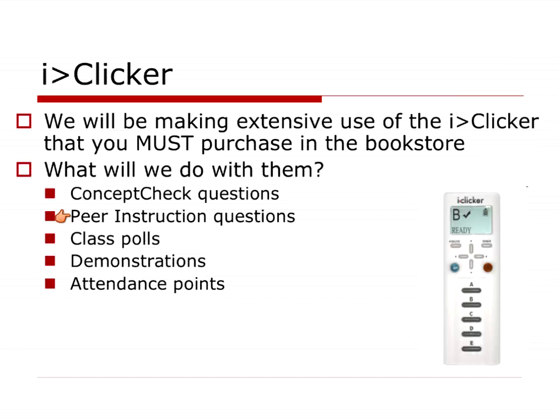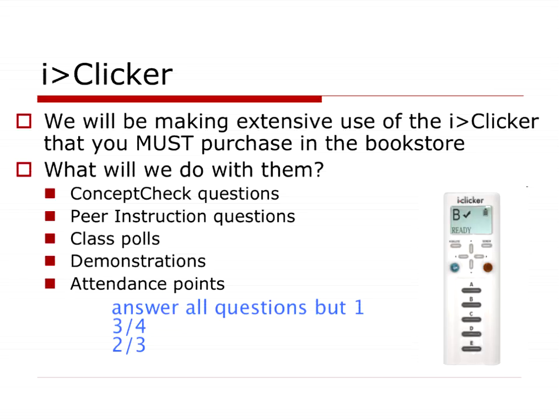We'll do some peer instruction questions where you actually get an opportunity to turn and talk to your neighbor in our classroom. Those are really fun to do. I do some polls, I do some demonstrations, and I also generate attendance points from your responses via the clicker. Okay? The attendance points, I'll tell you, in order to get them, you have to answer all questions but 1 in order to get these points.